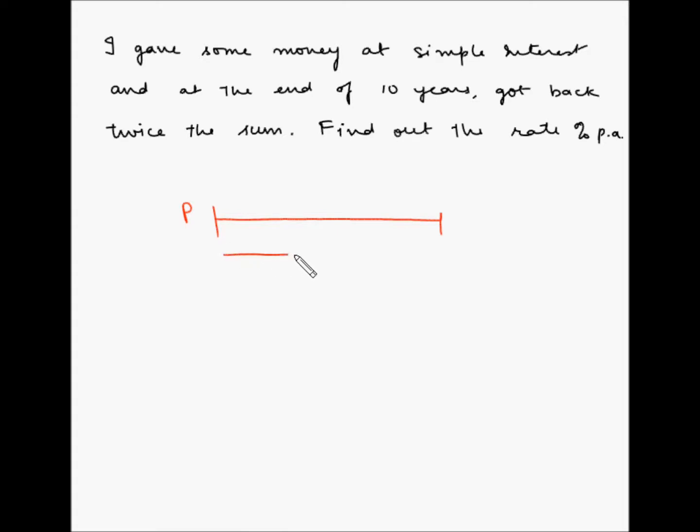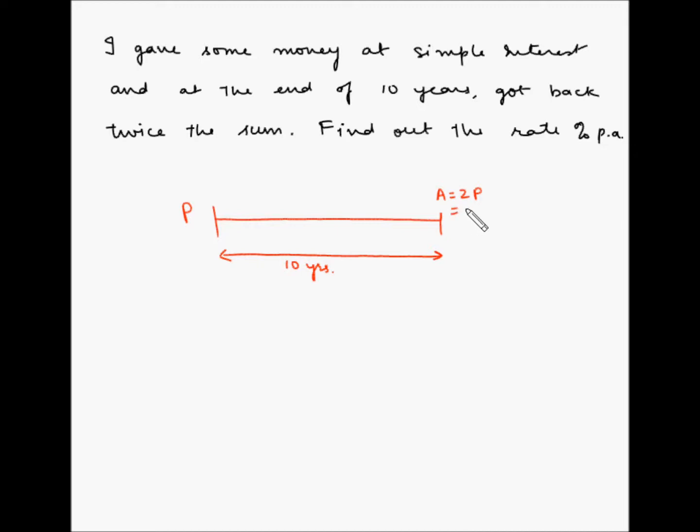So this entire period is 10 years. And at the end of 10 years, the amount that I get is equal to 2 times the original amount which I had given. So the amount is equal to 2 times the principal.